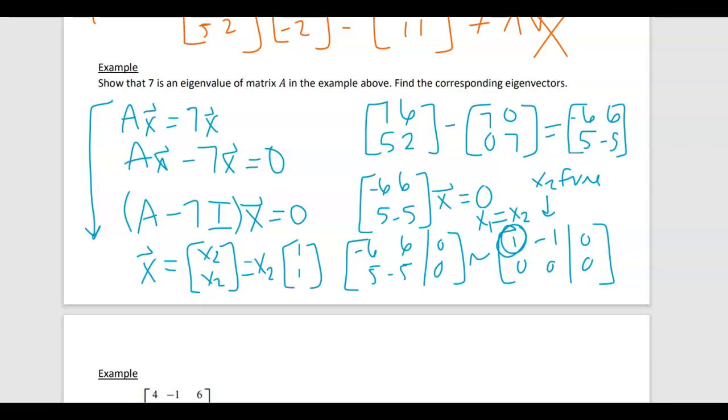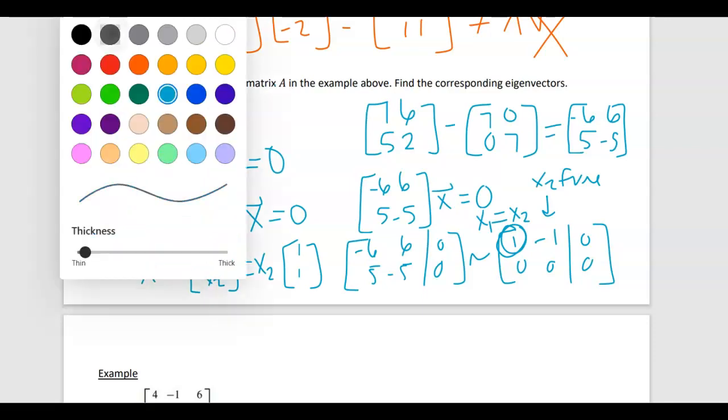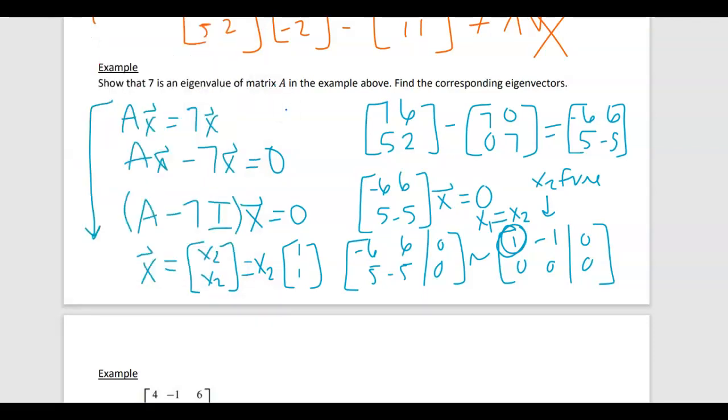Therefore, there is a vector that when you multiply it by 7, you end up getting the same thing. So if we take A, let's go back up to what we did here, and multiply it by that x vector, that's going to end up giving us 7 times that x vector.